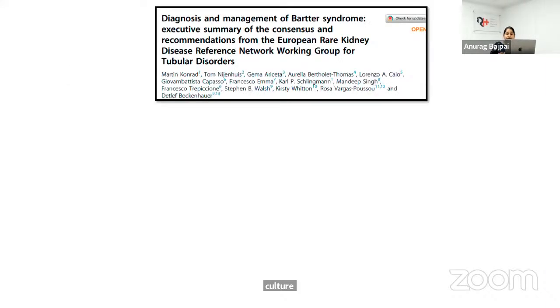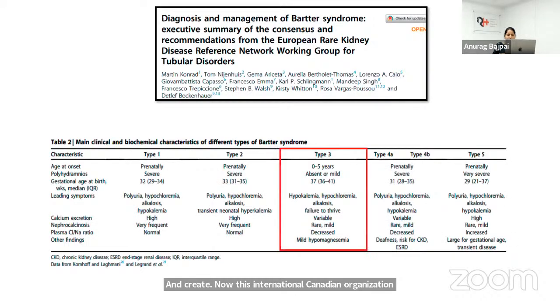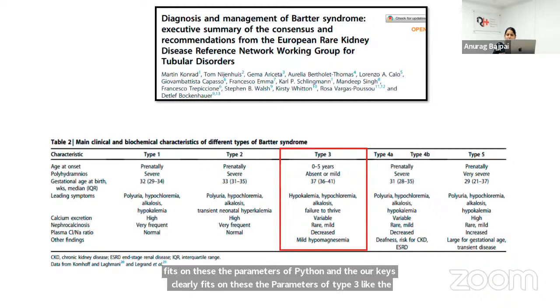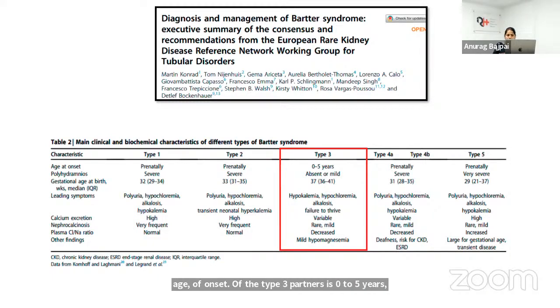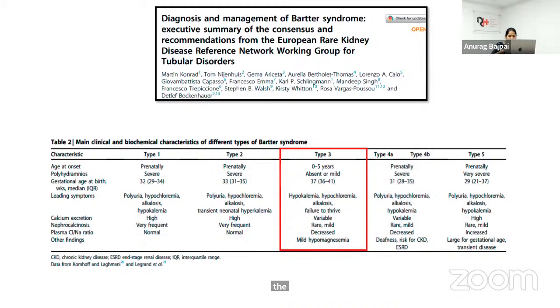creatinine, and magnesium. Now the International Kidney Organization has given us some guidelines, and they have clearly mentioned the type 3 Bartter, and our case clearly fits these parameters of type 3, like the age of onset of type 3 Bartter is 0 to 5 years, and our case clearly presented at the 4th month of age, and the polyhydramnios is absent, as it is present in all the other types of Bartter, and the failure to thrive and the nephrocalcinosis is definitely absent in type 3, and it was absent in our case too.